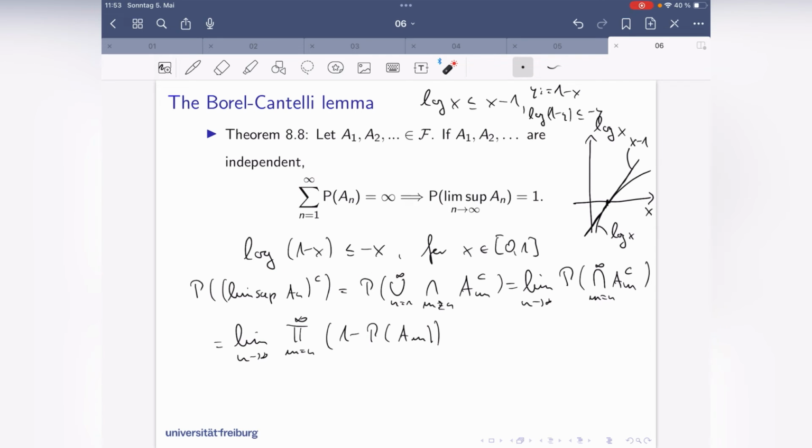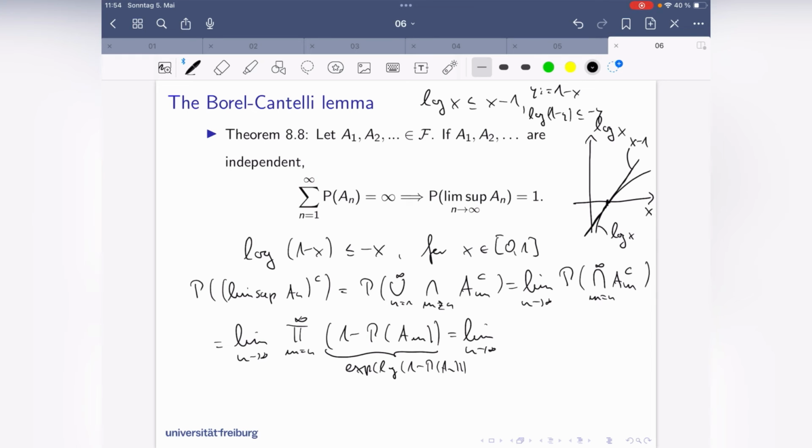Well, but we do not have a log here, but we can smuggle one in by writing that the exponent of the logarithm equals identity. So I have limit n goes to infinity, product over, well, this here is exp log 1 minus p of A_m.